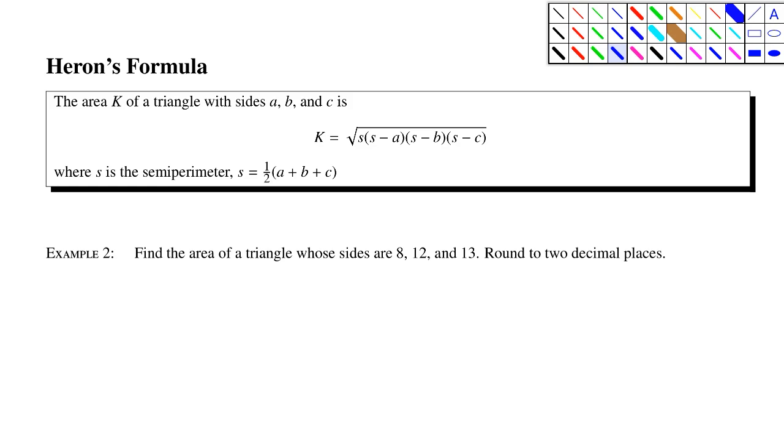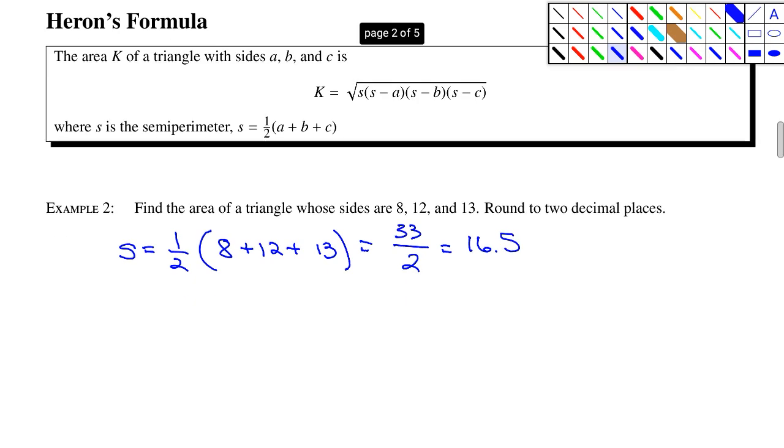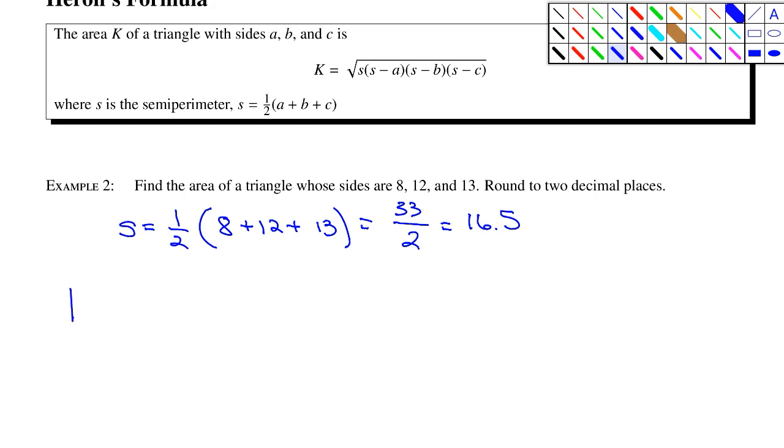Example 2. Find the area of a triangle whose sides are 8, 12, and 13, round to 2 decimal places. The first thing you want to find is the semi-perimeter. So we'll take half of 8 plus 12 plus 13, and that's going to be 33 over 2, or 16.5. And then we'll use Heron's formula.